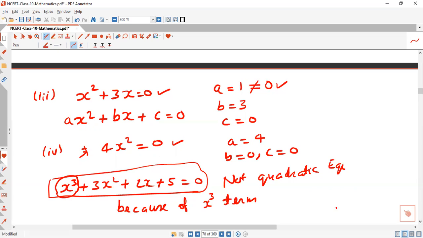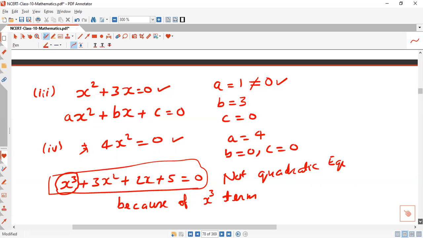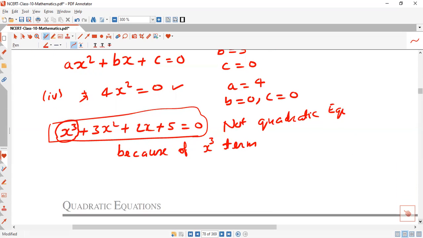Another example of a non-quadratic equation: 3x plus 5 equal to 0.